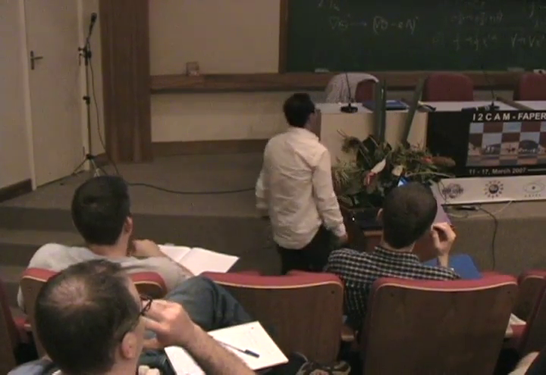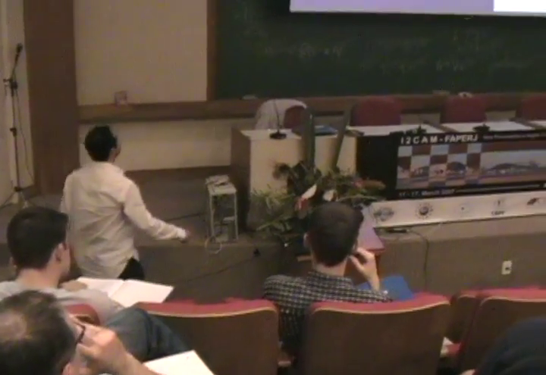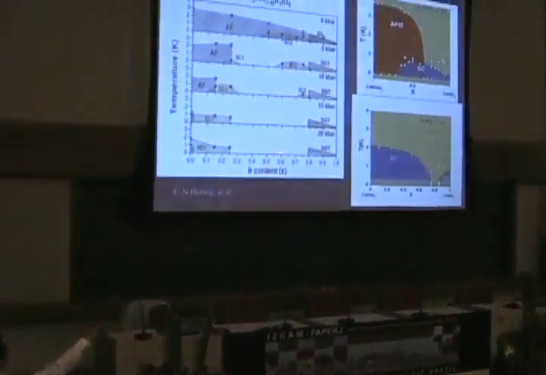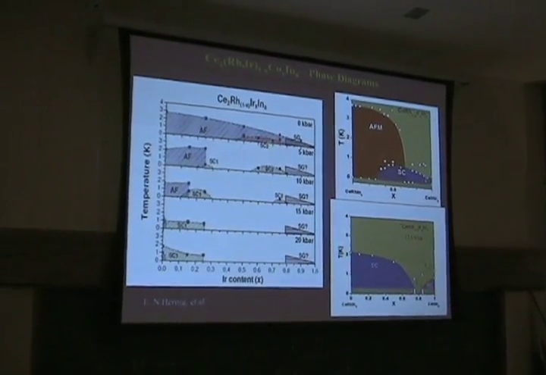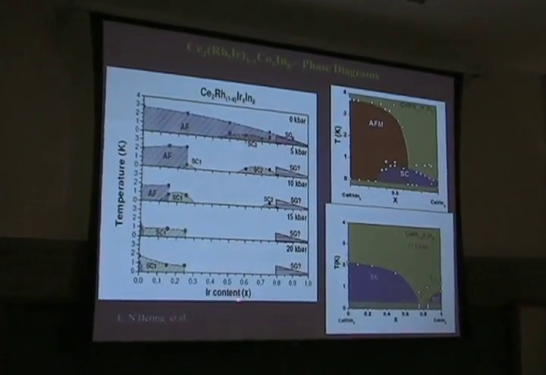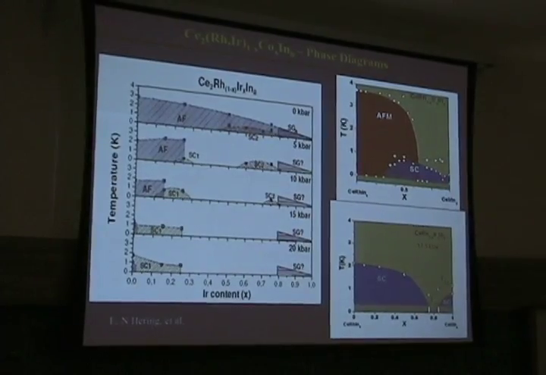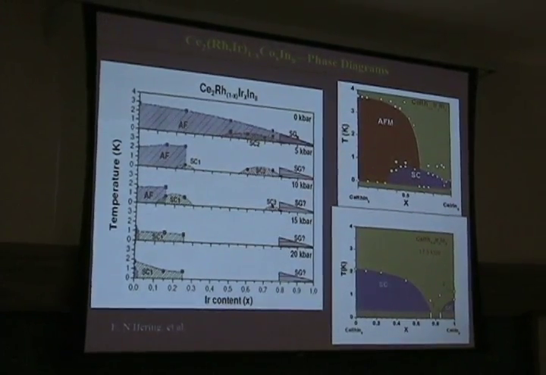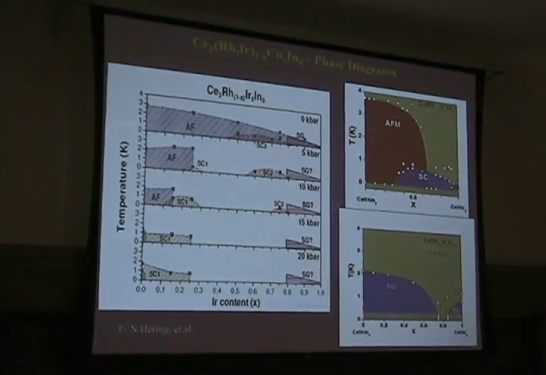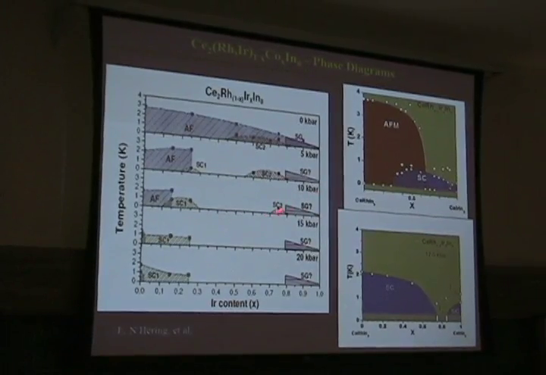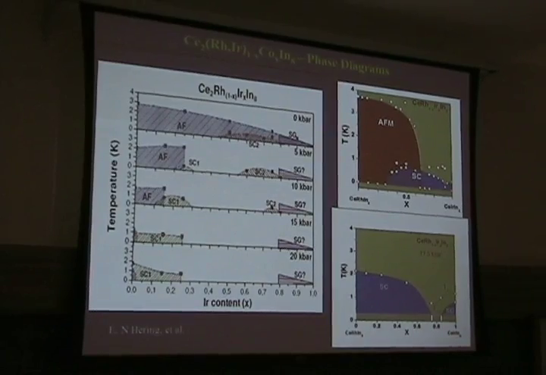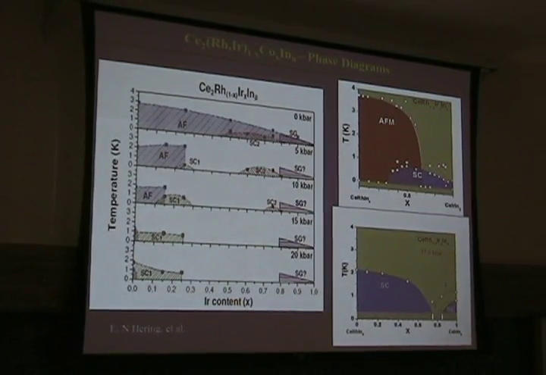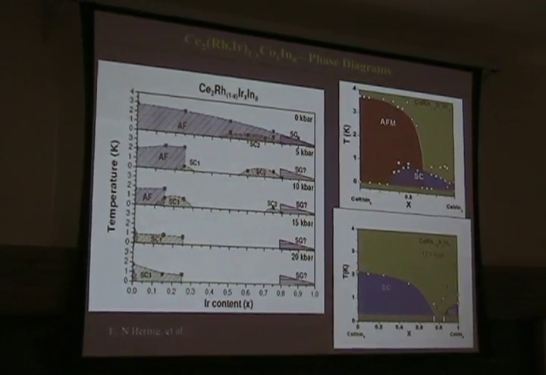If you look more carefully in the alloys, replacing rhodium by iridium, you see some residual superconducting phase around 5 to 6% of iridium replacement, also for the 218s. But when we apply pressure, we quickly suppress that superconducting phase, and we induce by pressure the superconducting phase, just like the 115, the rhodium 115, right?